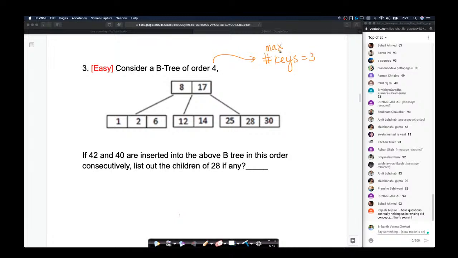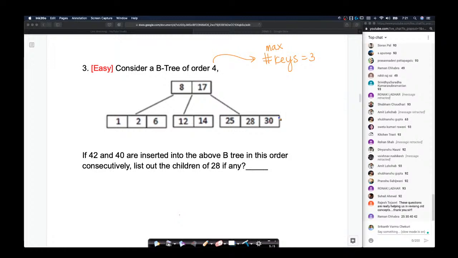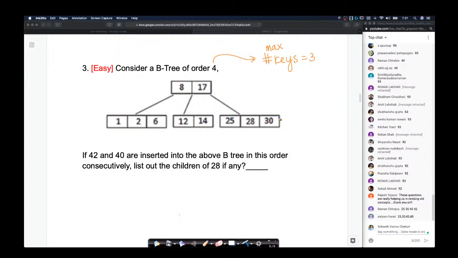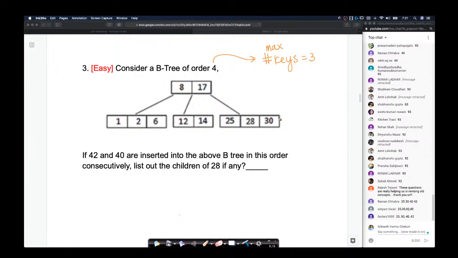In case you have forgotten that basic concept, I just wanted to give you that hint so that you don't make silly mistakes. I start seeing people putting in answers. Again, please think carefully of how the B tree will balance itself.